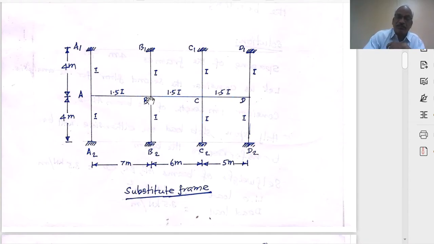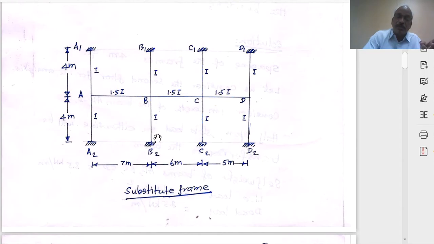Suppose we take joint B. There are 4 members, BA, B1, B2, and BC, and for all the 4 members, we have to find out the distribution factors. For the distribution factor calculation, we know we have to find out the relative stiffness. Relative stiffness for member BA is 1.5I by 7. For member BB1 it is I by 4 meters. For member BC it is 1.5I by 6 meters.